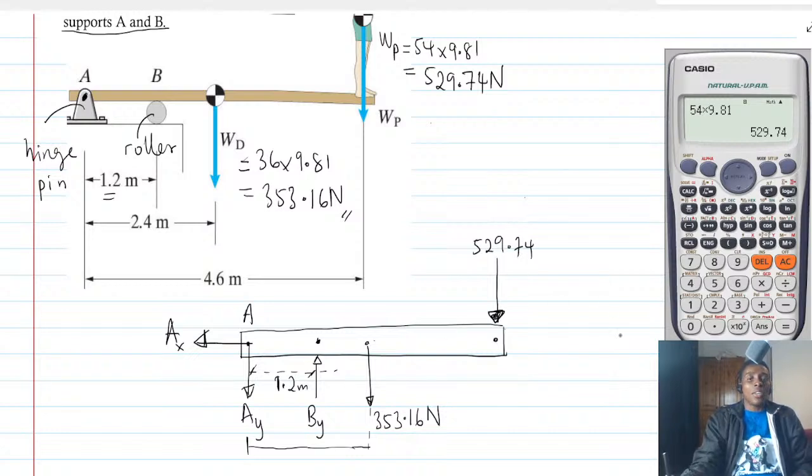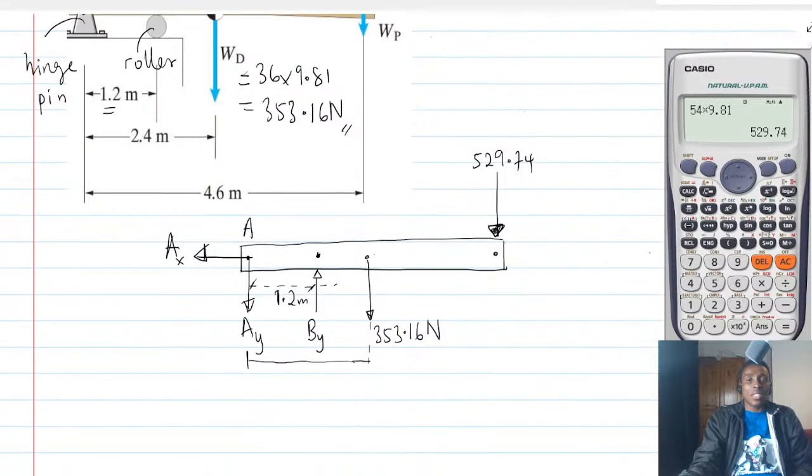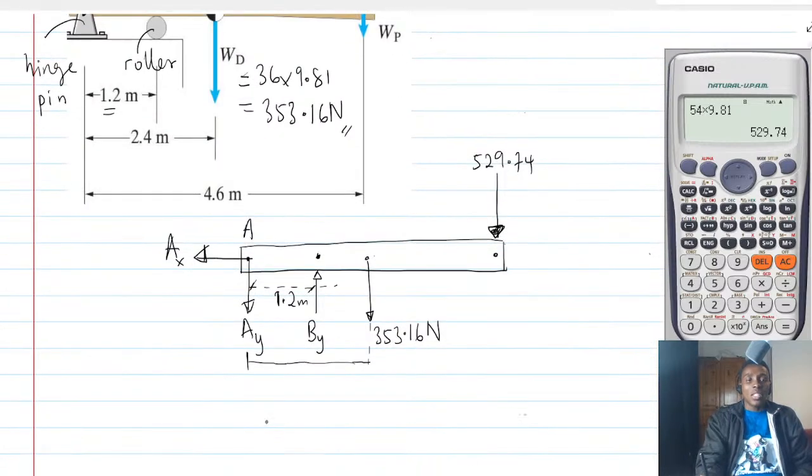Now, if you have been able to do this up to this point, then you have got what we call the free body diagram. Okay. So now this distance all the way here is 2.4 meters. And we call this the free body diagram.